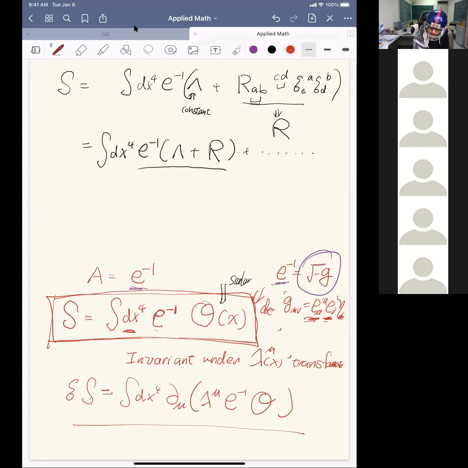And so now we've seen that we have the Einstein-Hilbert action, and this is, of course, the cosmological constant. Any questions?